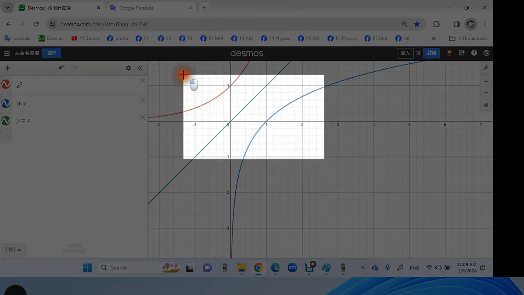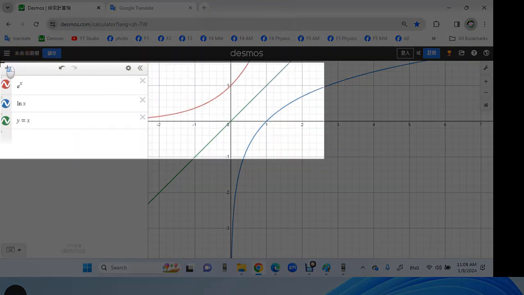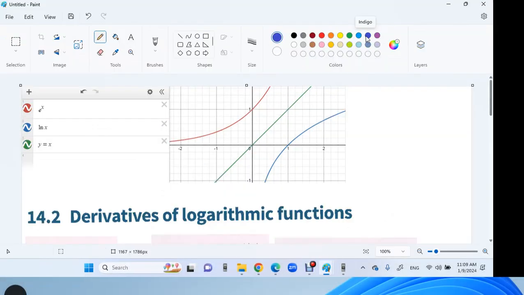Okay, y equal to x. So it's reflected at y equal to x. So we know that this is exponent e to the power x, and then this is ln x. So it is reflected at y equal to x axis.